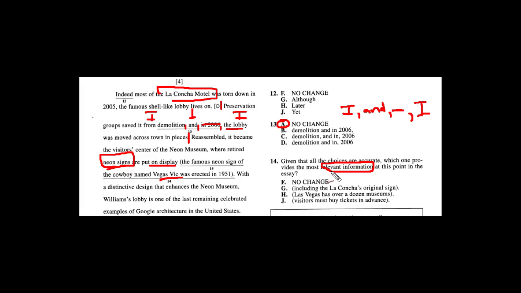It's going to give us the most specific information about the motel and the neon sign, okay? So which one of them gives you the most information about that? Here is very specific information about the motel, and here's the sign, because the sign is going to be neon sign. The correct answer here, 14, using anti-razor blade, G.